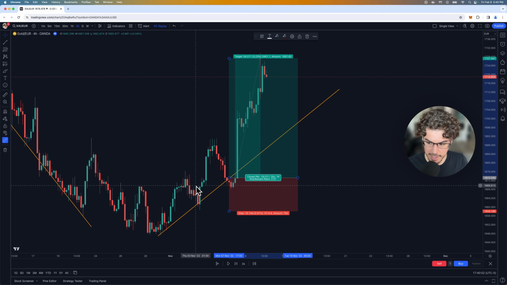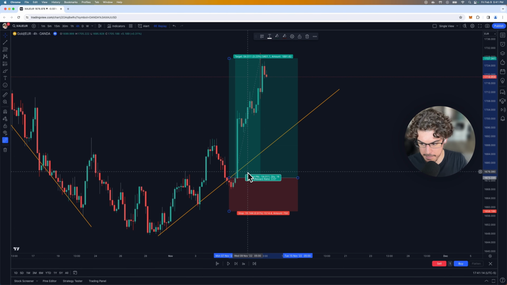This is a clear example of why you don't want to go against the trend. If you're forming higher highs and higher lows, next time you're expecting a higher high and a higher low to be formed, you can with more confidence put a trade in there, because there's a high probability that if price would like to continue moving upwards, it has to respect the previous higher low. And this is one example of a trade.